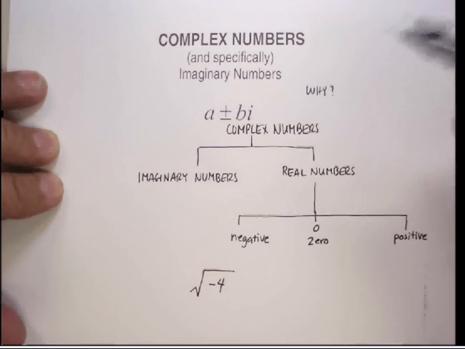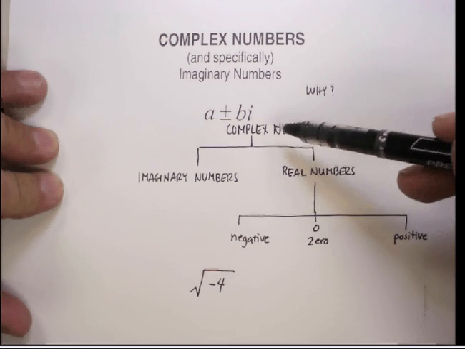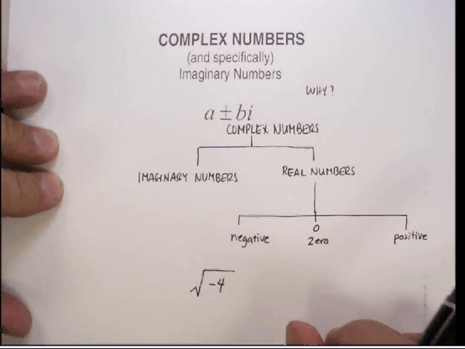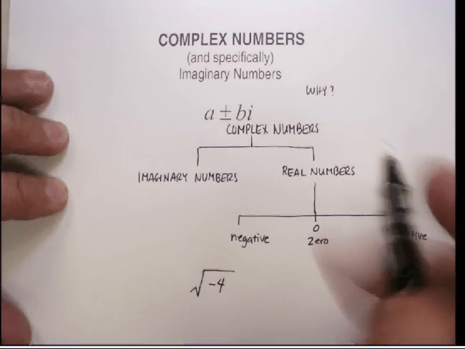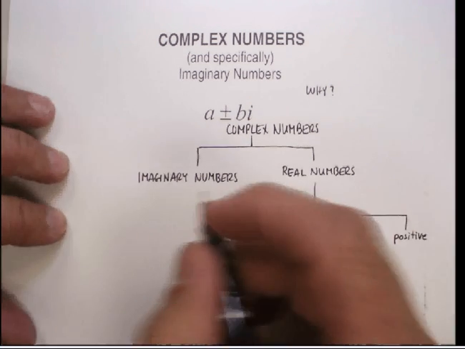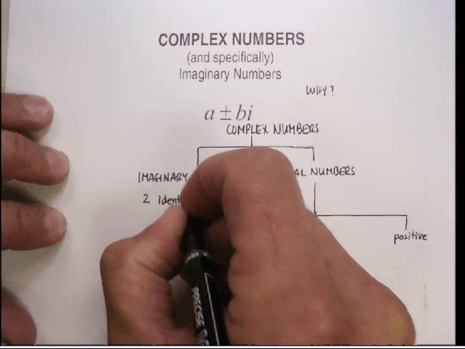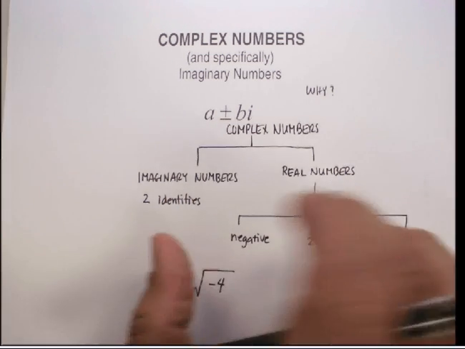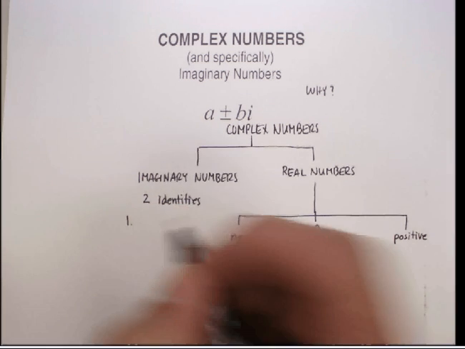Okay, so think of the top of the heap used to be real numbers, now the top of the heap is complex numbers, and it includes both imaginary and real numbers. So let's talk a little bit about imaginary numbers. There are 2 identities that you need to know. Think of them as the bridge between real numbers and imaginary numbers. And the 2 identities that I want you to memorize are this.